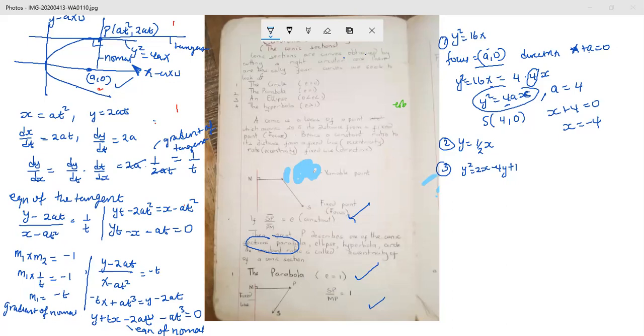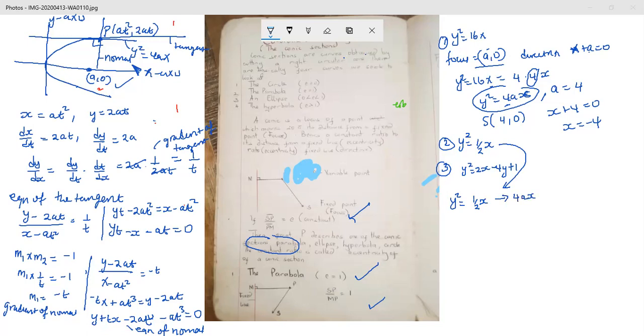Look at example 2. Hey, I've written it poorly. It's supposed to be y squared. Starting with example 2, y squared is equal to half times x. But remember, we have to write it in the form of 4ax.